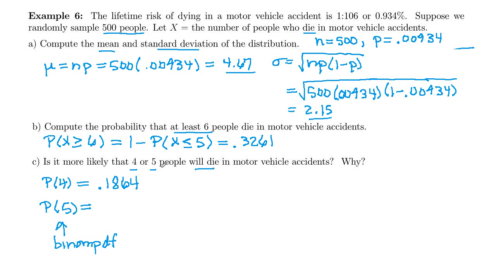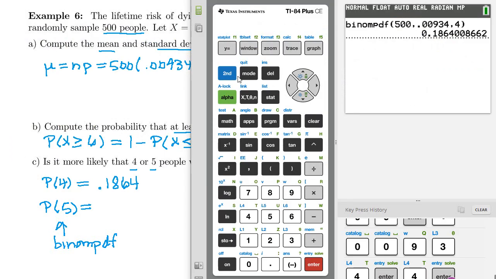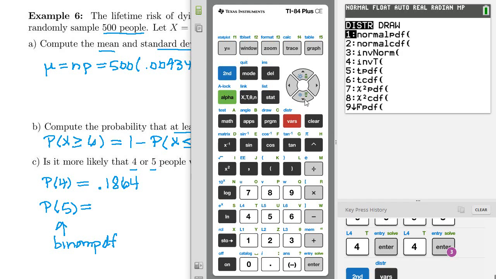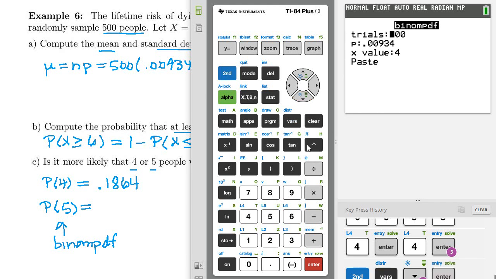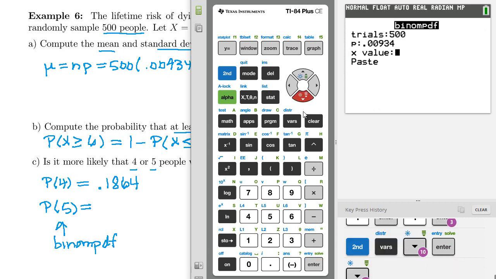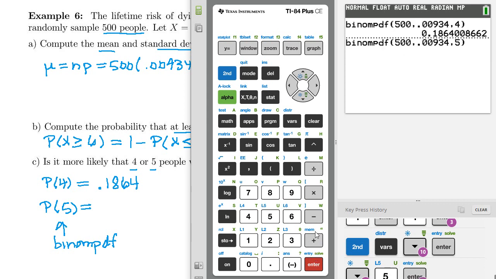And now we go back and change it to 5. So we can do second variables, come down to PDF again, and then just scroll down and change our x to 5. And paste and enter. 0.1743.